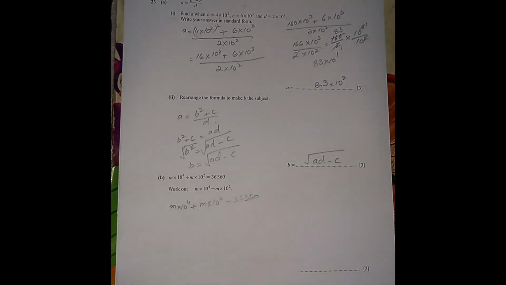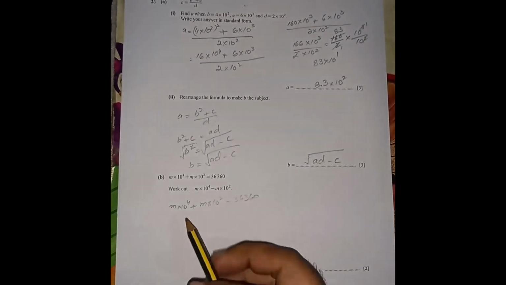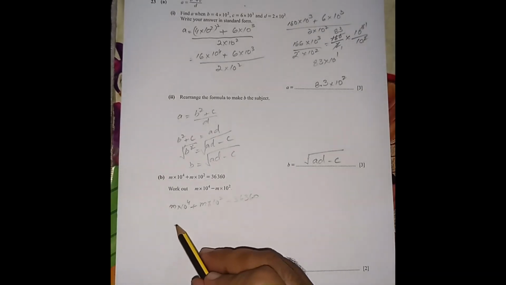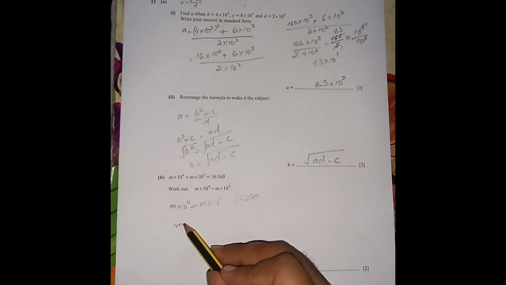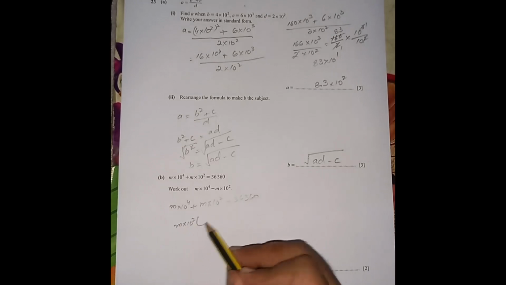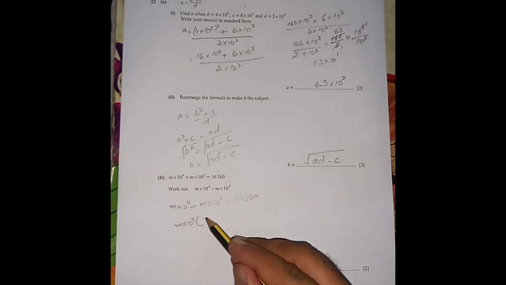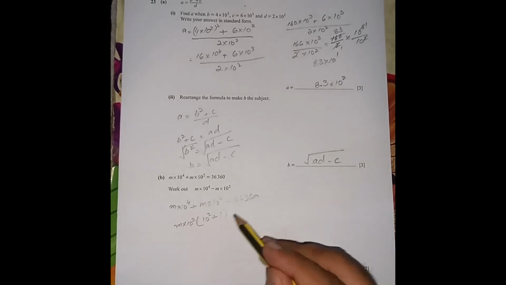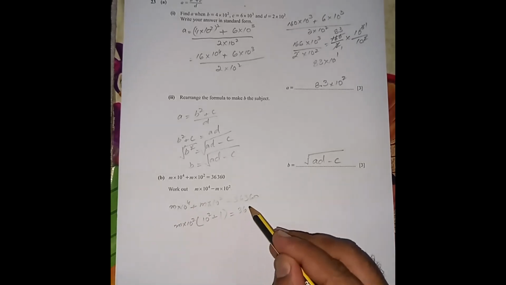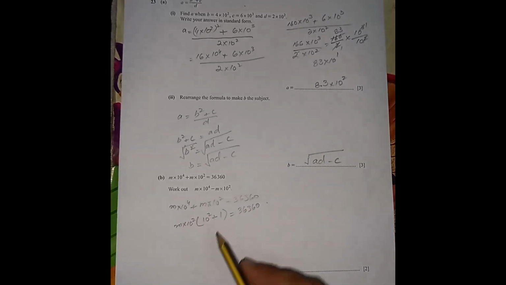What is common here is m into 10 square in both terms, so we can write m as a factor into 10 square. So here it will be crossed with the m, and it will be 10 square plus 1, and 36360.